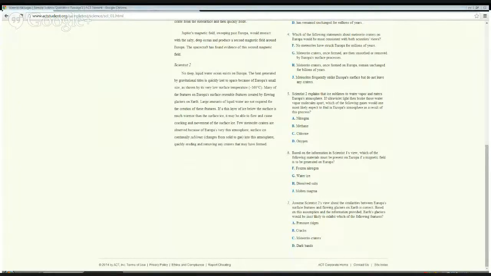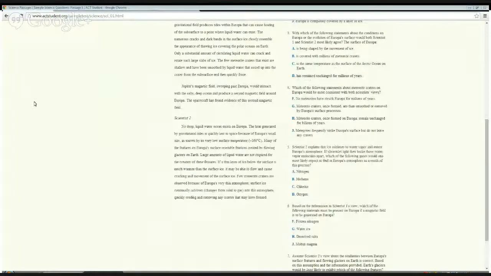Okay, question 6 asks, based on the information in Scientist 1's view, which of the following materials must be present on Europa if a magnetic field is to be generated on Europa? So the answer here is H, dissolved salts. And we know this because she talks about the salty ocean up here.